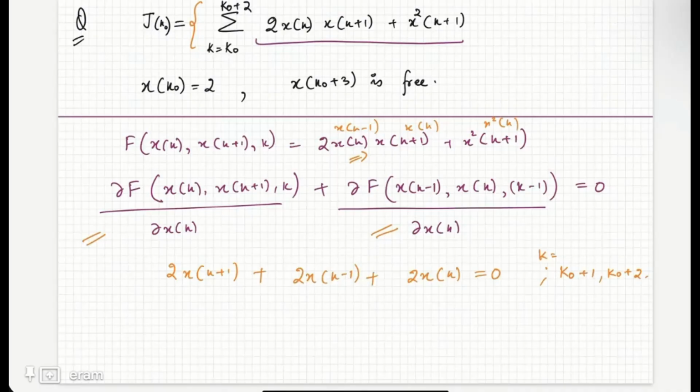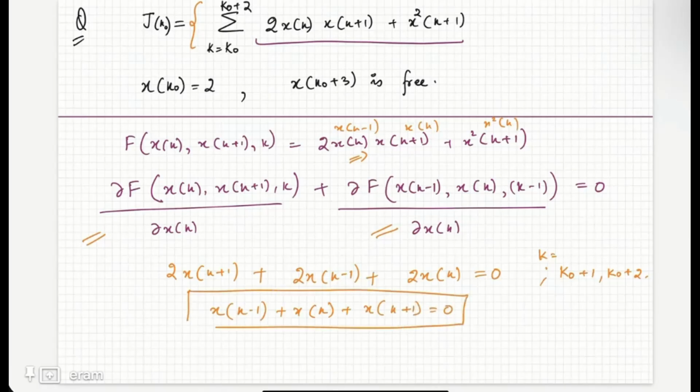Now these two will cancel out, so the expression that we will have is x of k minus 1 plus x of k plus x of k plus 1, this equals to 0. Now we can iterate this for k equals to k naught plus 1 and k naught plus 2.